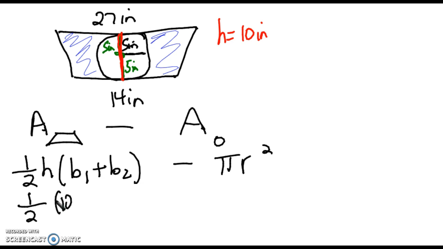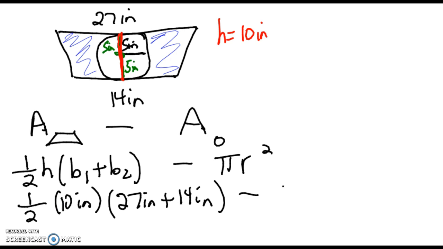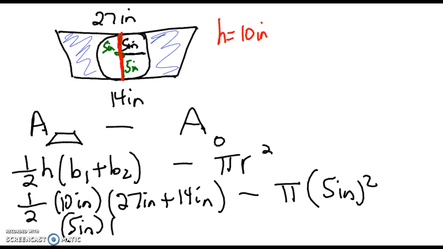1/2 of 10 inches times the sum of the bases, which are 27 inches plus 14 inches. And then we want to subtract from it pi times the radius of the circle, which was 5 inches squared. So the area of the trapezoid will be 1/2 of 10 inches is 5 inches, and 27 plus 14 is 41 inches.